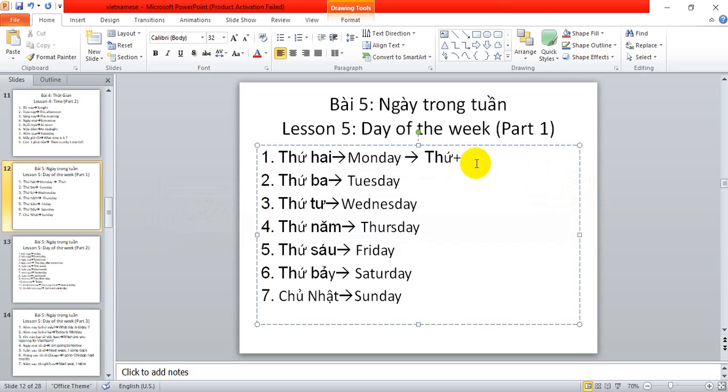For example, Monday is number 2, so Monday is thứ hai, and Tuesday will be number 3.